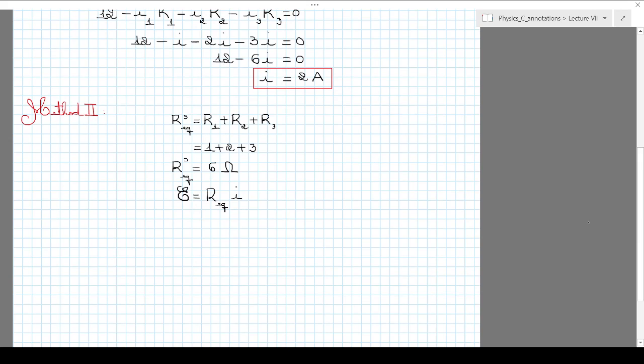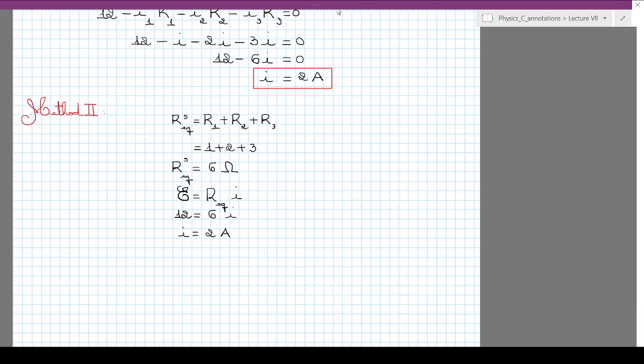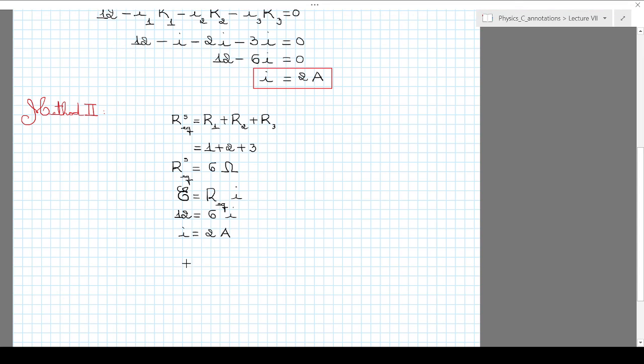This one I have is 12 volts. The equivalent resistance is 6. I just calculated I. That means that I here is equal to 2 amperes. Exactly the same result that we found using Kirchhoff's second rule.